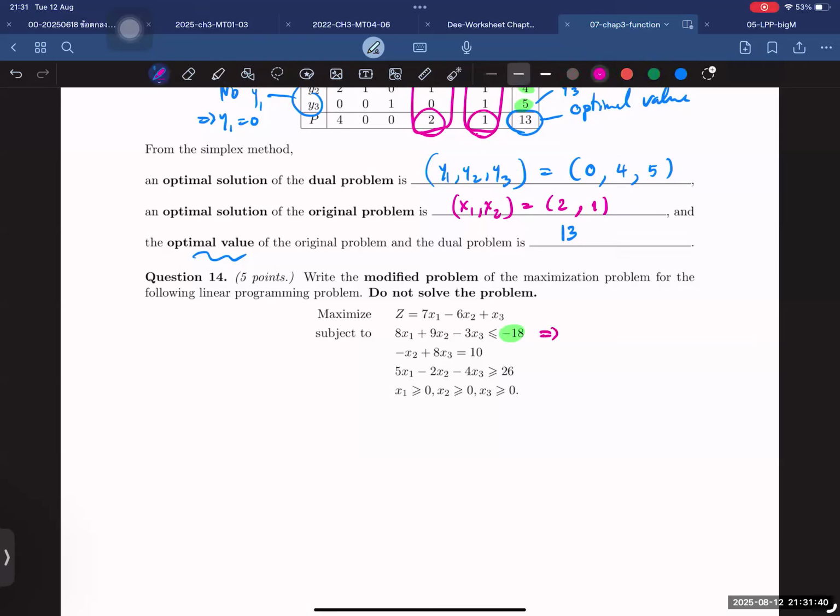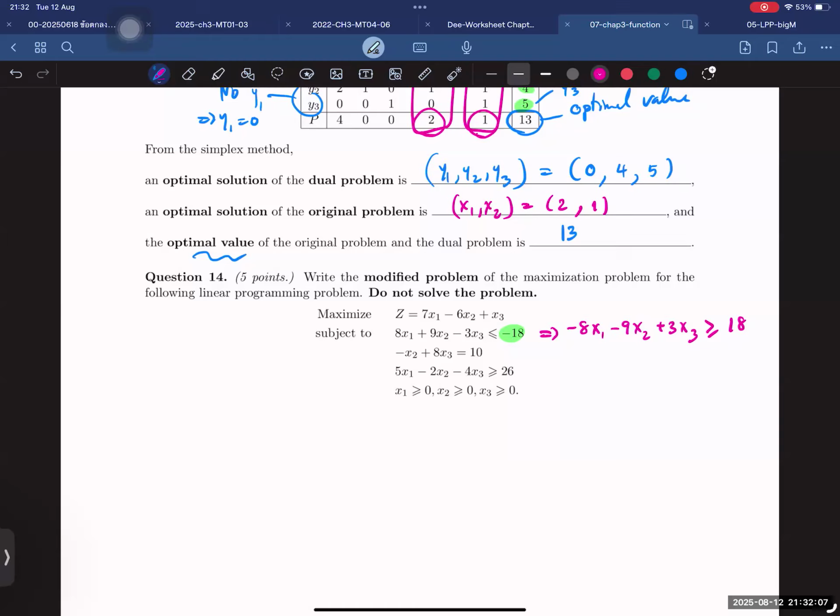So we modify that by multiplying by -1. We got -8x1 - 9x2 + 3x3 greater than or equal to 18. Now, from this, we can set up the preliminary table. Okay, oh, they ask for the modified problem only.